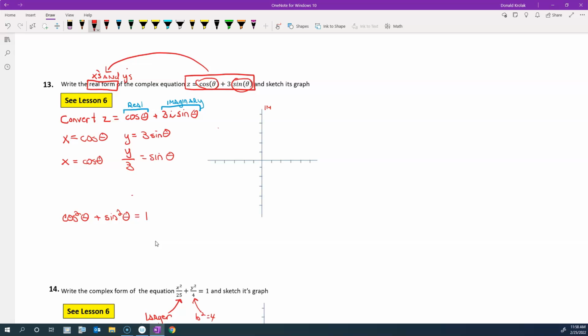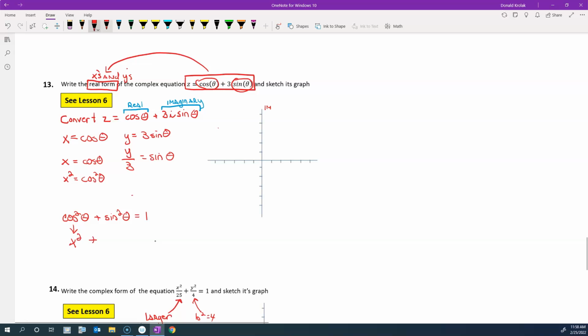All right, so I've got to get this and make it into a cosine squared. So if I square both sides, I get that, and so what I can do is take this cosine squared out and put x squared in its place.